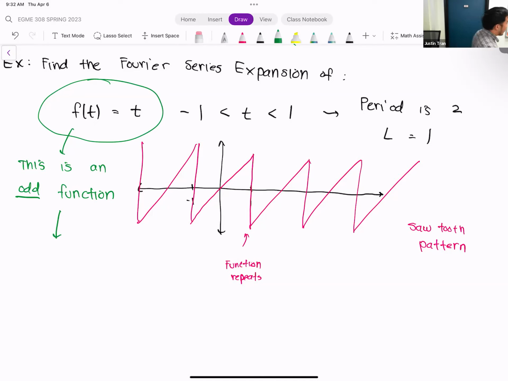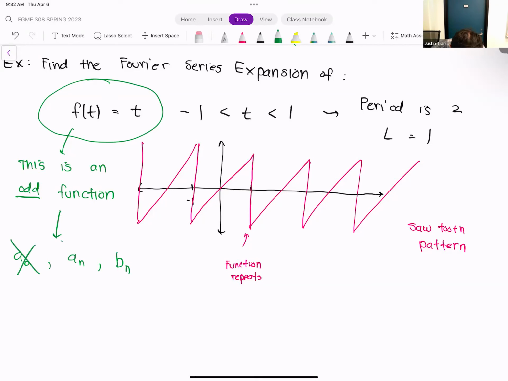So we know that normally we have to compute a0, an, and bn, right? We normally have to compute all 3 for a Fourier series expansion. But since this function here is odd, that tells us that a0 and an are going to be 0. We just know that right away because the function is odd.